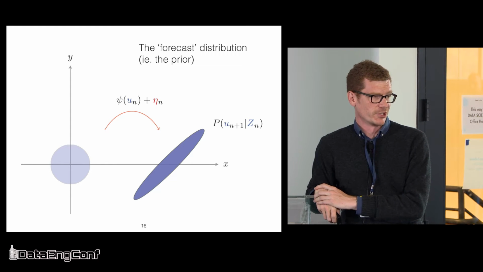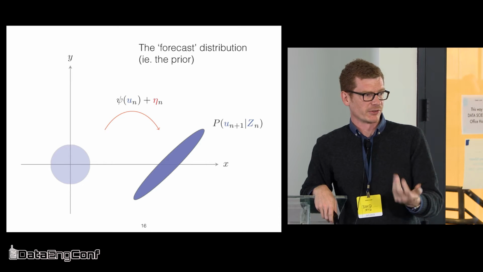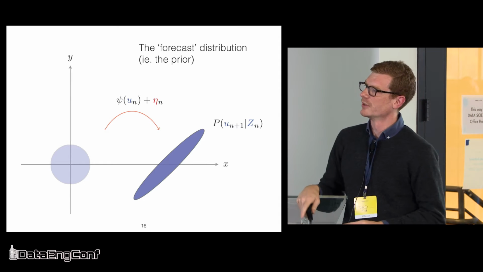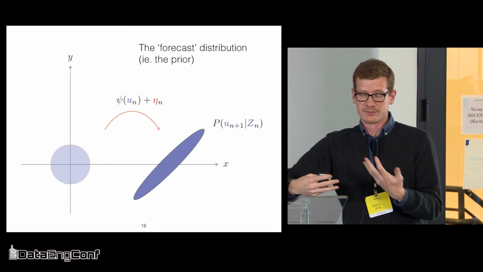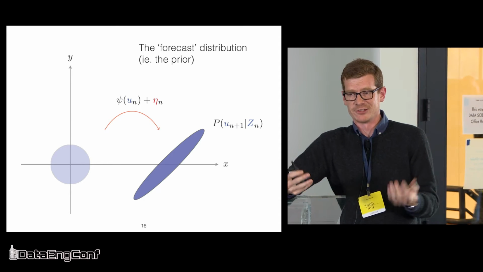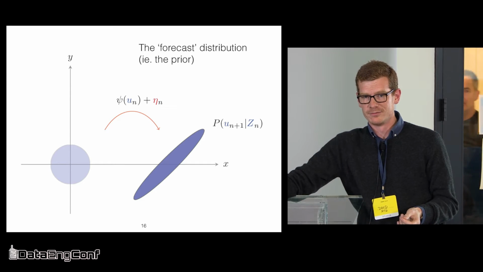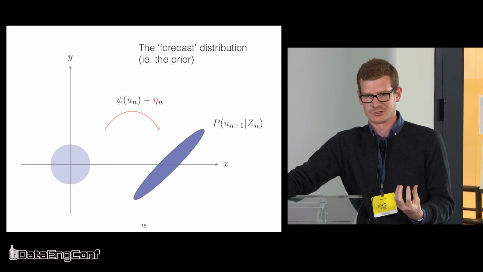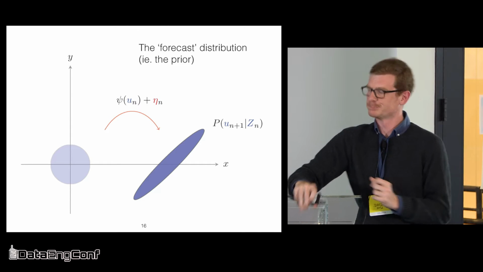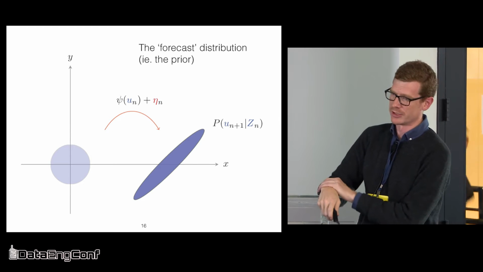I take that initial uncertainty and flow it forward using this random dynamical system. When you flow something forward through a map or dynamics that has uncertainty in it, your uncertainty will grow. You'll spread out even more, because small uncertainties in the initial condition lead to large uncertainties later on. So we had our small uncertainty and we got a bigger uncertainty.